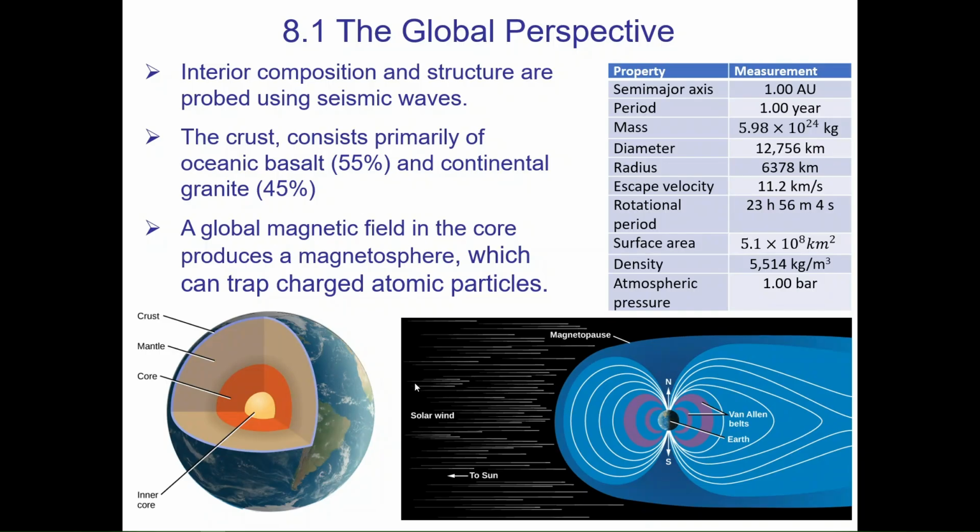If you look at the Earth from a global perspective, you can see, at least from this image, the thickness of the crust compared to other parts of the Earth is actually very, very thin. So you, as a creature that only lives on the surface, may see a lot of variation of height on the surface.